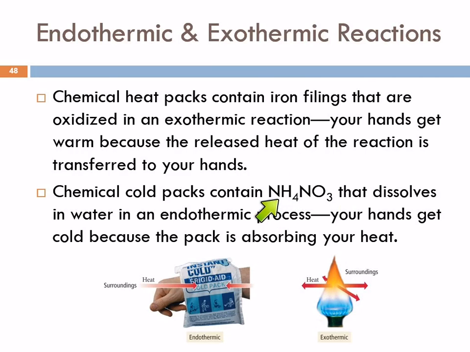These generally have ammonium nitrate. And when that is exposed to water and begins to dissolve in water, it's an endothermic process. It absorbs energy from the surroundings. If your hands are in contact with that pouch, you feel the pouch sucking energy out of your hands, and you interpret that as cold.